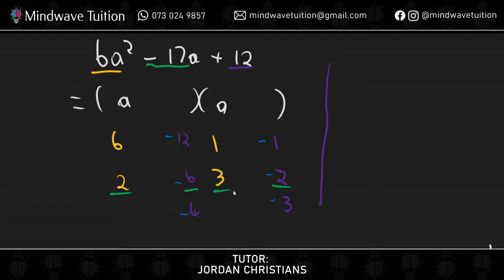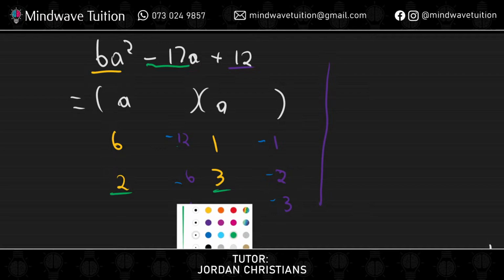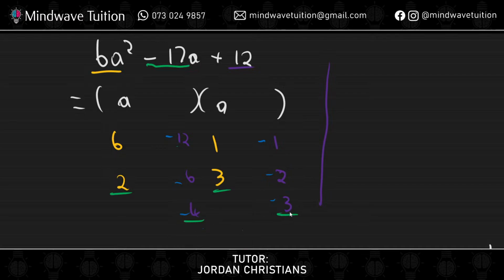So negative 6 times 3 will give me negative 18, and negative 2 times negative 2 will give me negative 4. That is still not enough, so let's discount that one. Let's do 4 and 3 now. Negative 4 and negative 3.